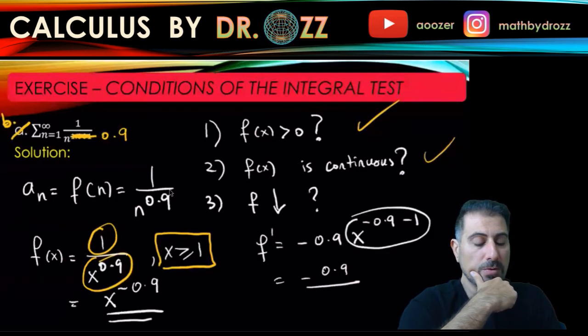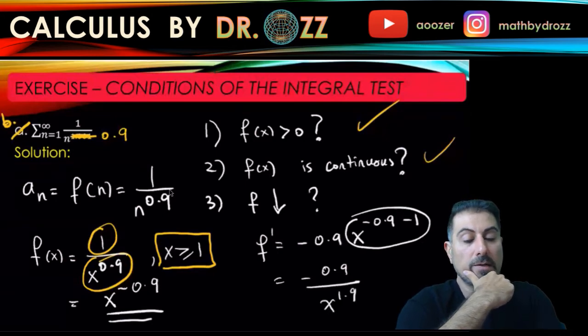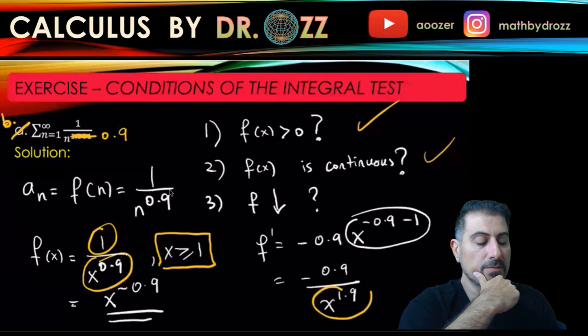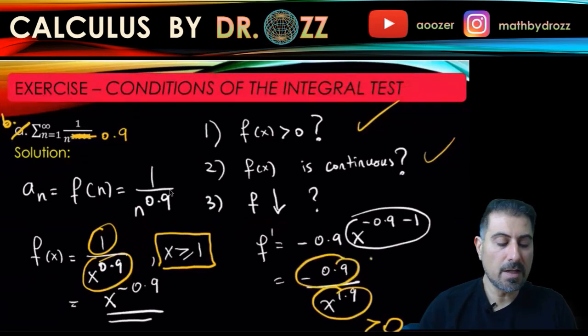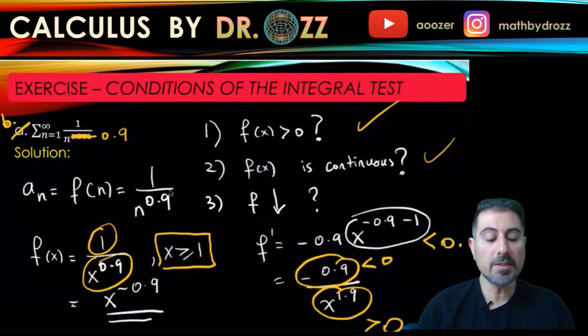Take the reciprocal, go back to the original quotient form. As you see, this is always positive, and this is always negative. So this whole thing is negative. So f prime is negative. So f is a decreasing function.